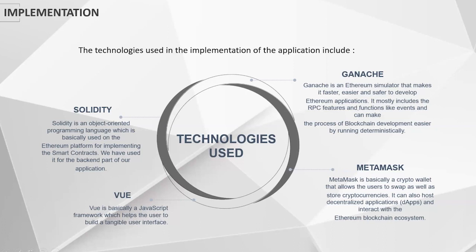Ganache is an Ethereum simulator that makes it faster and easier to develop Ethereum applications. Ganache has given us some test private keys and test networks through which we can make or receive donations. And MetaMask acts as a crypto wallet that allows us to make these transactions possible.